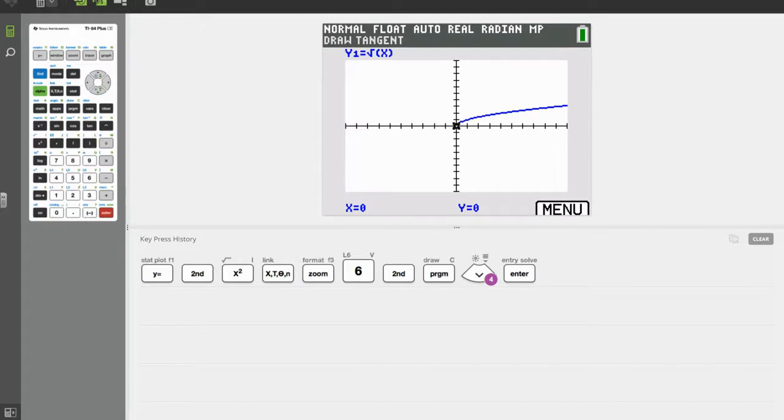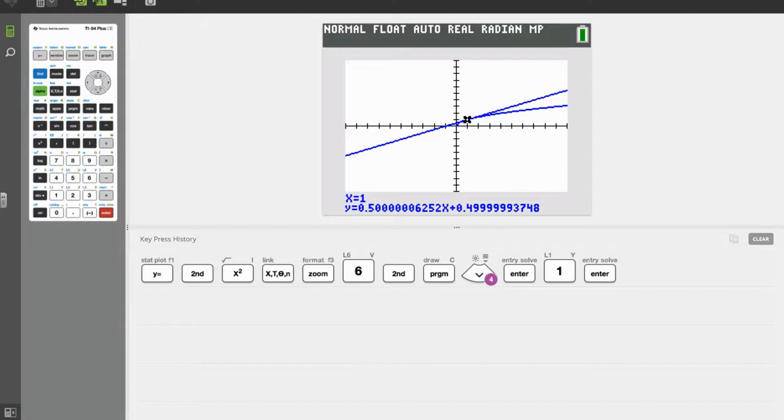And it's asking us what value of x we want to draw the line, so we're going to type 1 and hit enter. And it's drawing our tangent line at 1, and you can see our equation right here at the bottom of the screen. It's y equals about 1/2 x plus about 1/2.